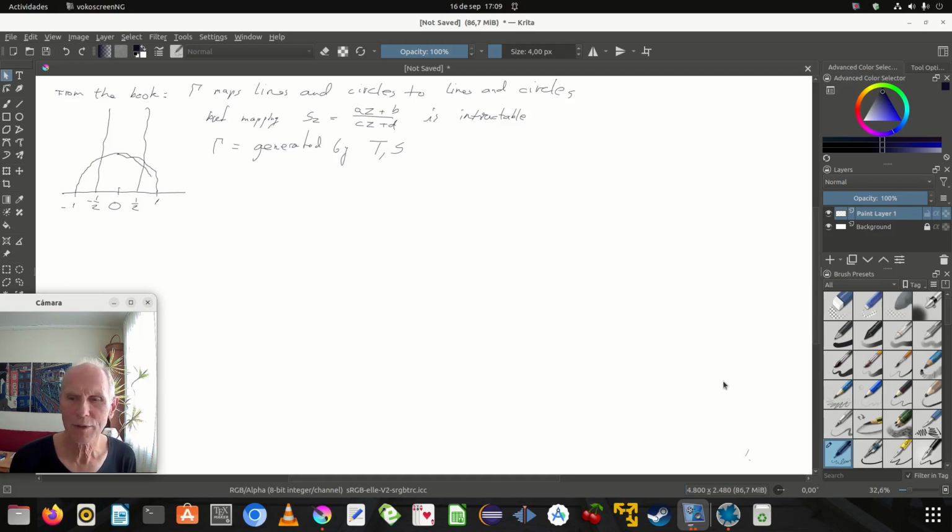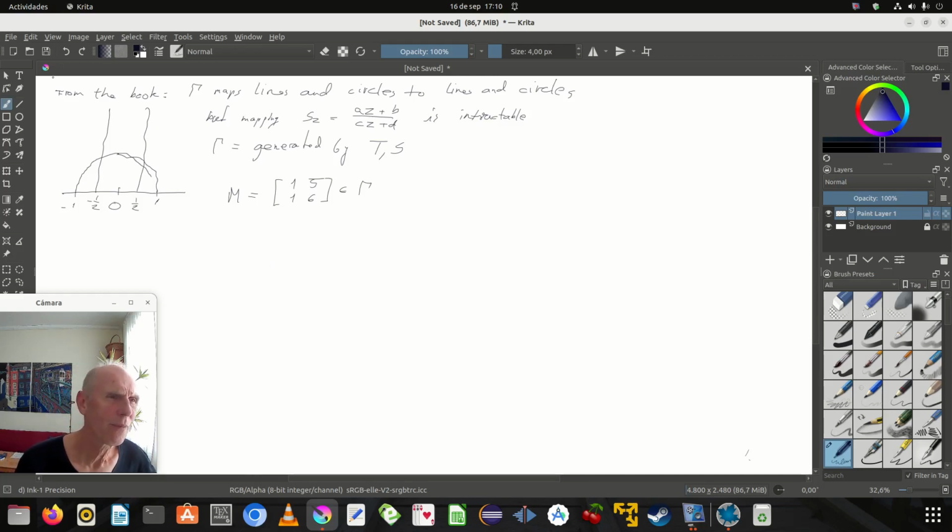So how do we actually find the results? If we take one matrix in gamma, it has determinant 1. How does it map F here?